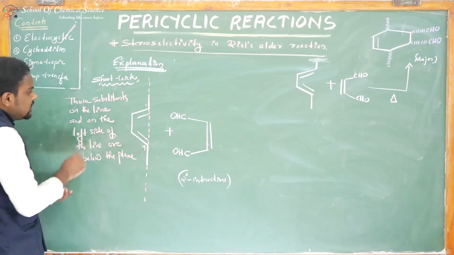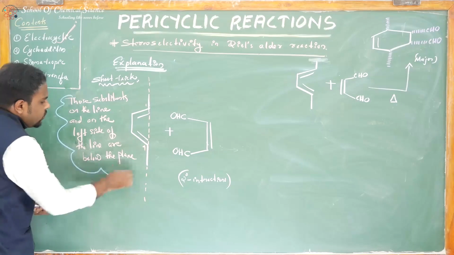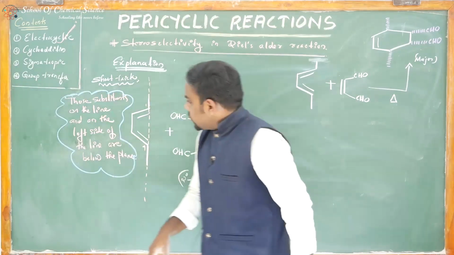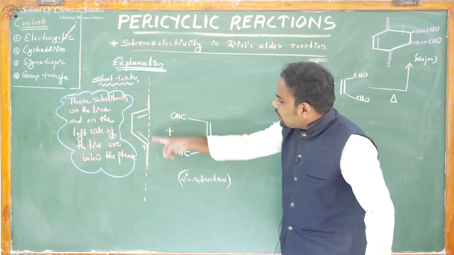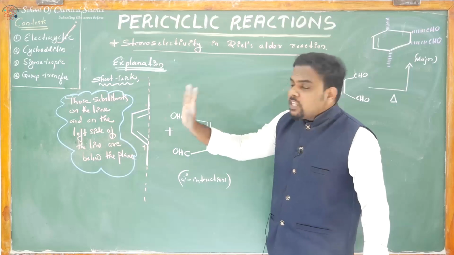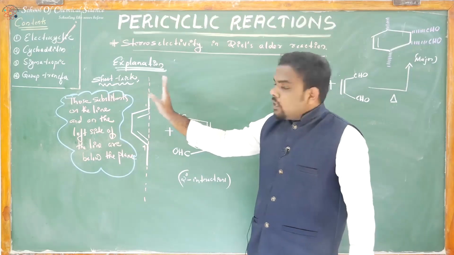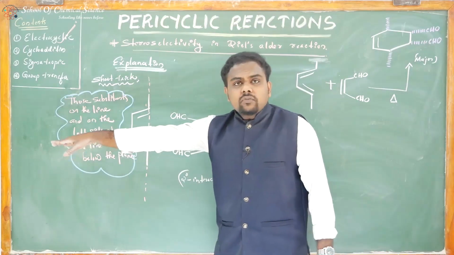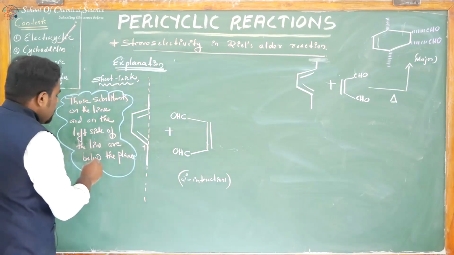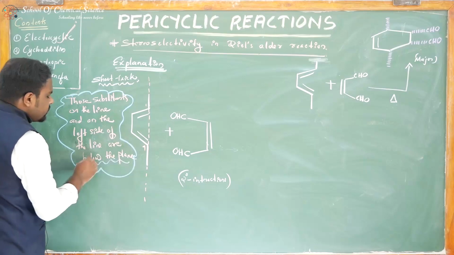This is the first tip that I am giving to you. You have to draw a line from carbon 1 to 4. Those substituents which are present on the line or on the left side of the line are below the plane.